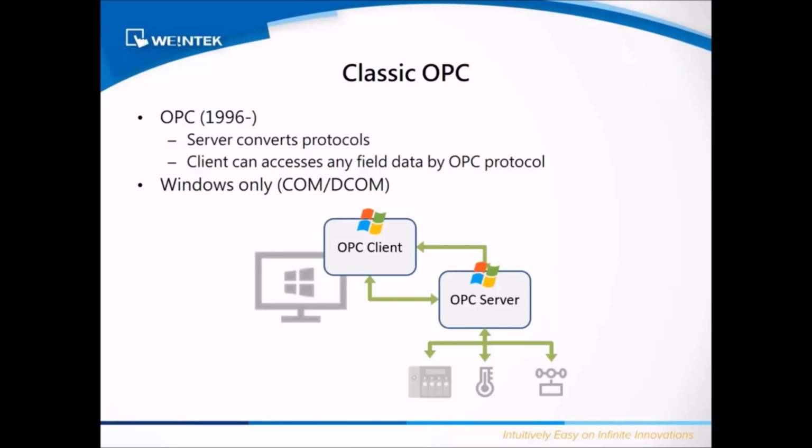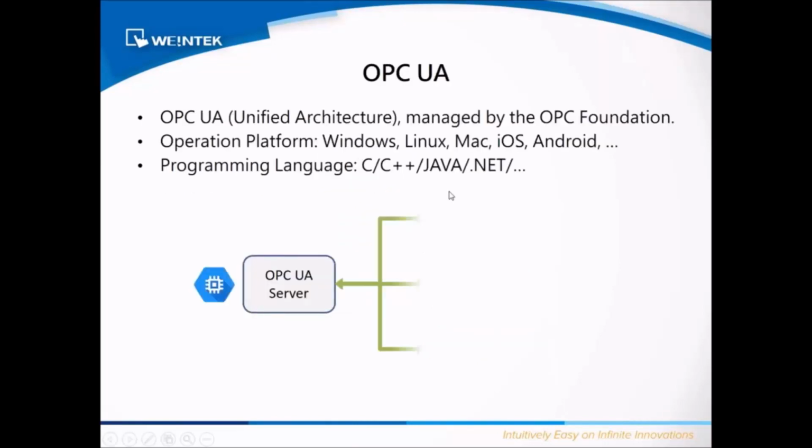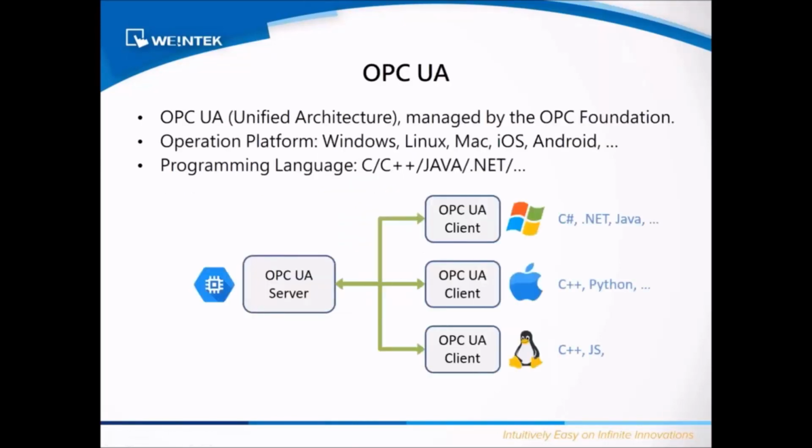So the OPC server is the one that translates every machine protocol into OPC protocol. And the client or the graphic interface that you are using is the OPC client. And the problem for classic OPC is that it can only run on Windows platform.